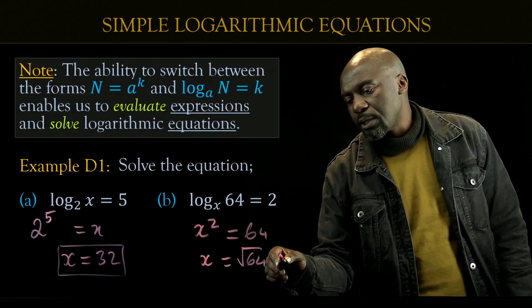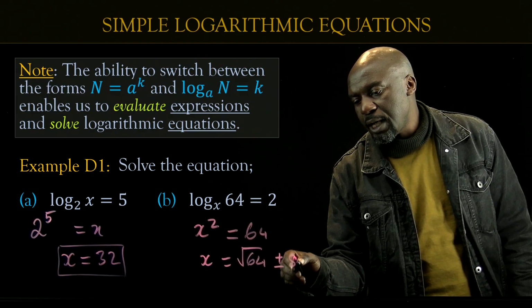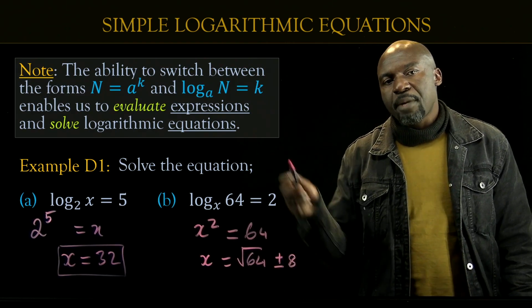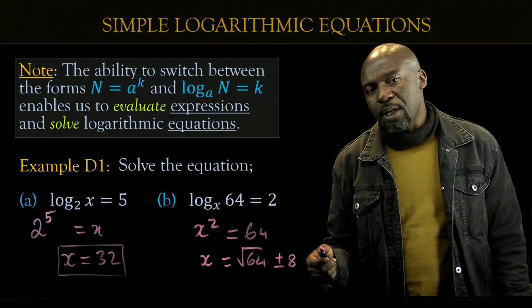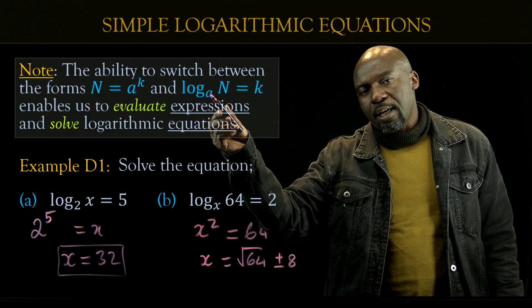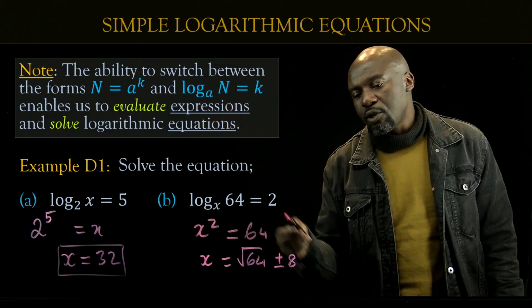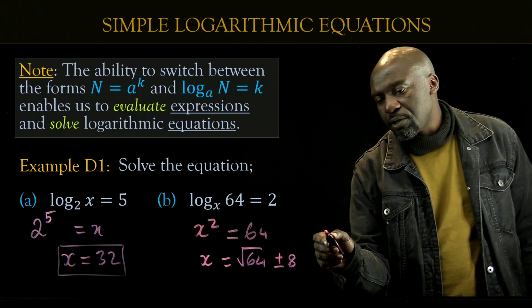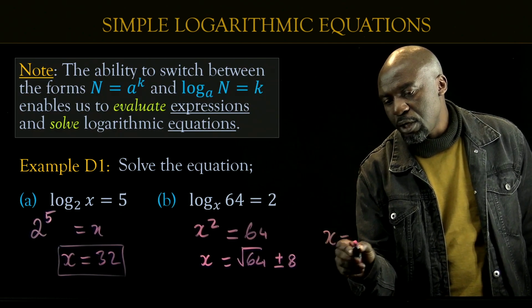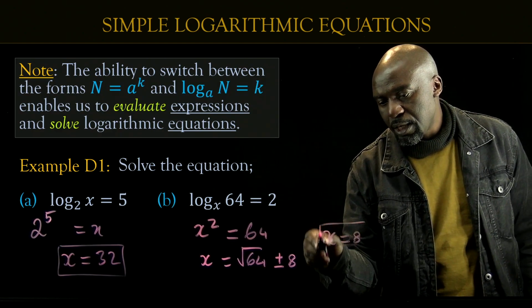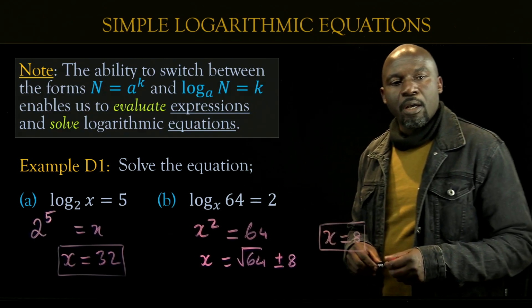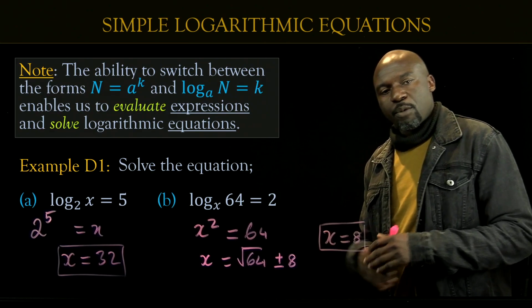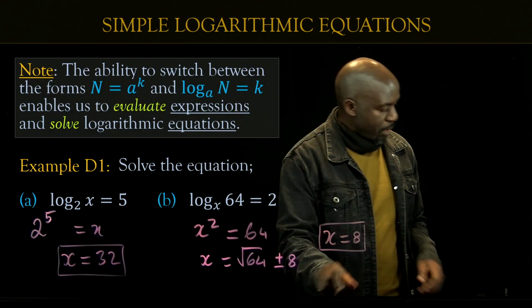Now, the square root of 64 is plus or minus 8. But if you remember our definition, we said a has to be a positive number. So the base, a, cannot be a negative number. And for that reason, our value x has to be equal to positive 8. Okay? So that is how we have solved a very simple logarithmic equation.